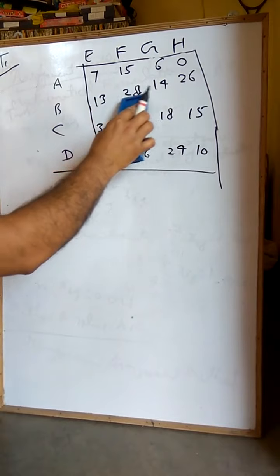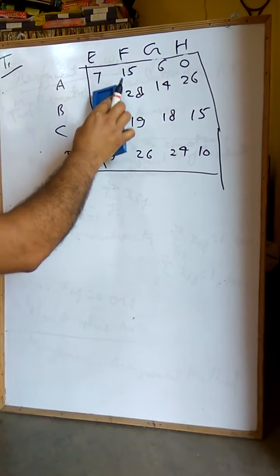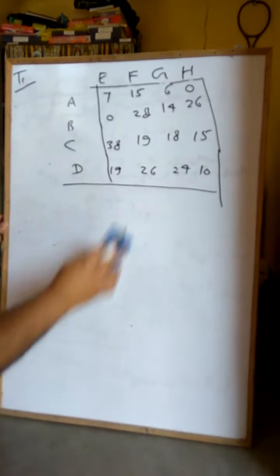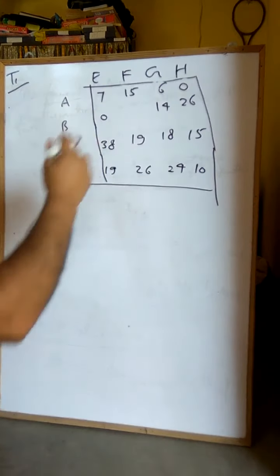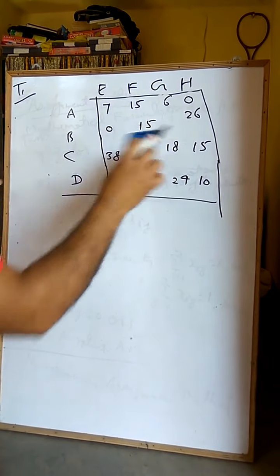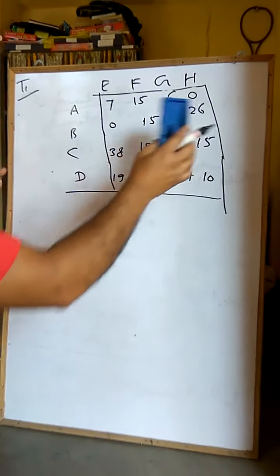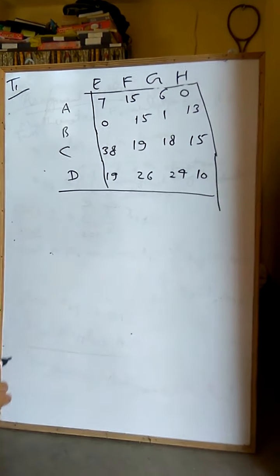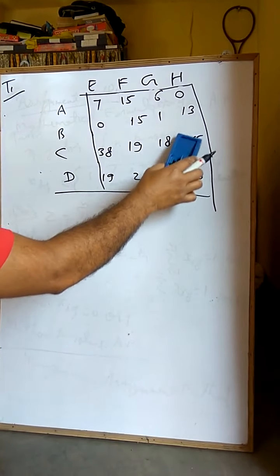Similarly, the smallest number in the second row is 13. So 13 minus 13 is 0, 28 minus 13 is 15, 14 minus 13 is 1, 26 minus 13 is 13. In the third row the smallest number is 15.